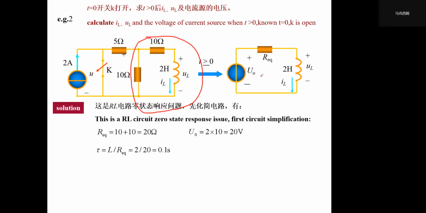And we know that tau equals L over R_eq, so it is 0.1 second. And we know that eventually IL must equal 1 ampere, so it will behave like a wire eventually. So we can just put those things into the conclusion we have, and then we have the final result.